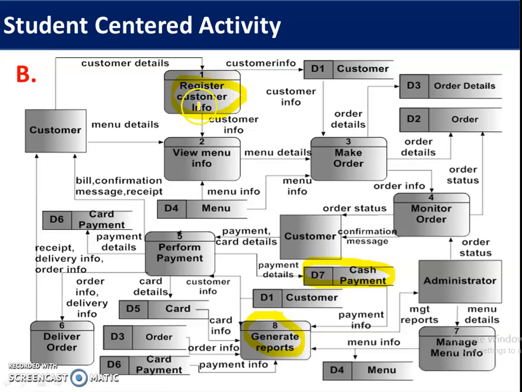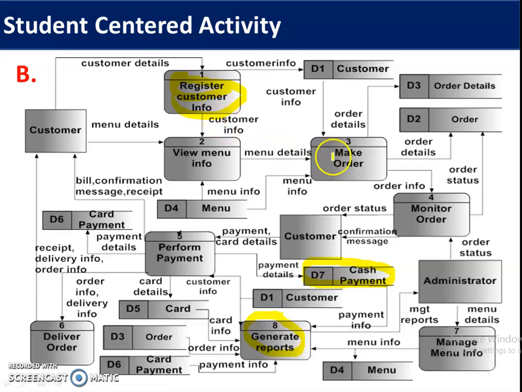If we intend to show the more specific or detailed processes of each process from level 1, then that's the time that we have to do the level 2 or the child diagram. But you have to check first which processes need to be broken down. For example, process 1, register, is still a big process. So if you want to show those detailed processes, then you can make a child diagram specifically for this process.